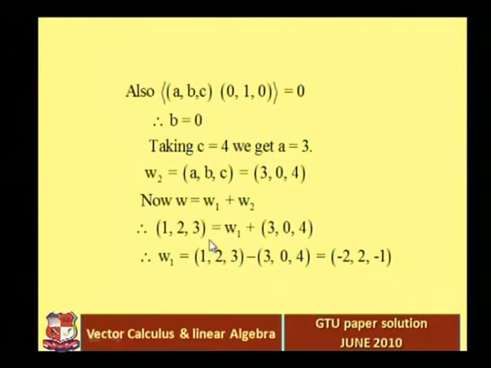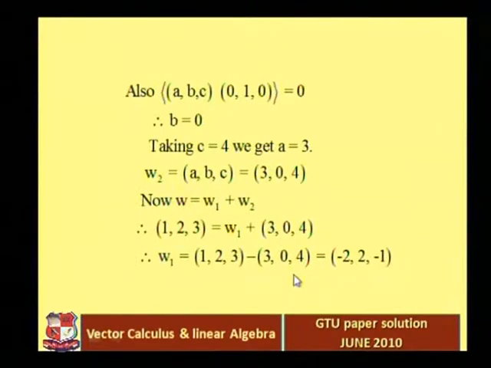So (1, 2, 3) is equal to W1 plus W2, that is (3, 0, 4). Find W1, which is (1, 2, 3) minus (3, 0, 4), that is 1 minus 3 is -2, 2 minus 0 is 2, and 3 minus 4 is -1. So W1 is (-2, 2, -1).